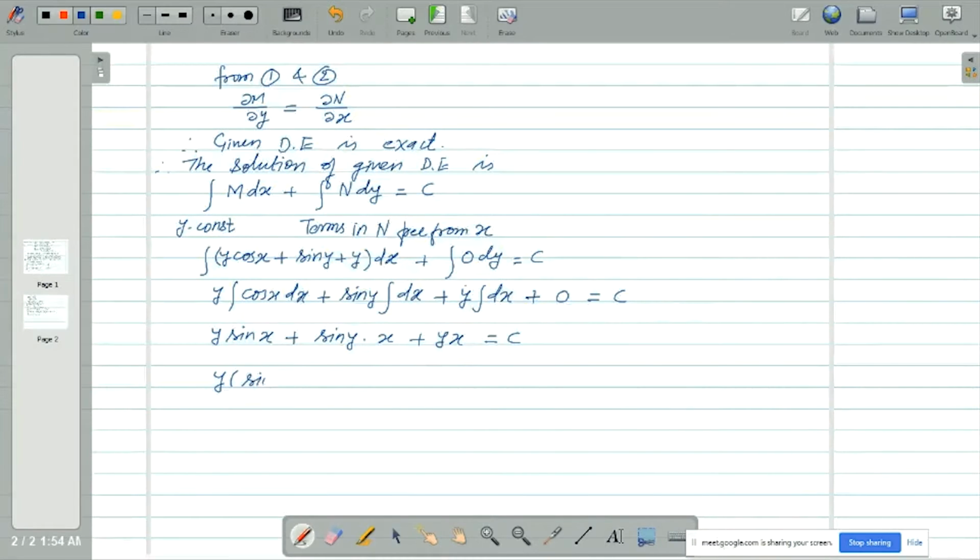So here will be y sine x plus x, and plus x sine y, and this equals c, which is the required general solution of the given differential equation.